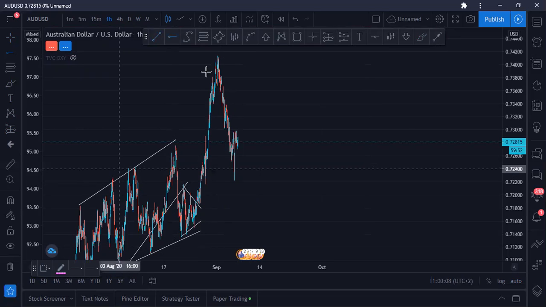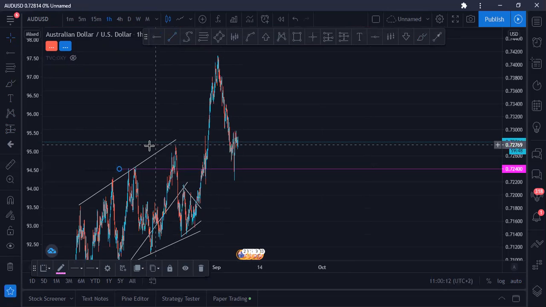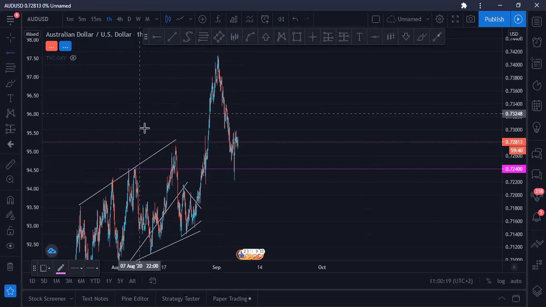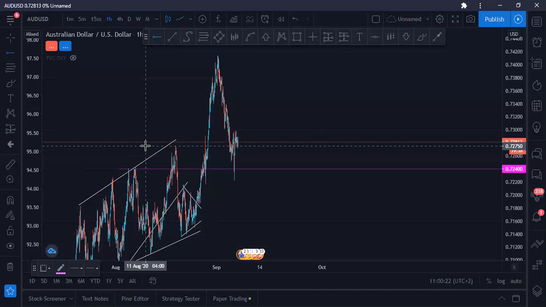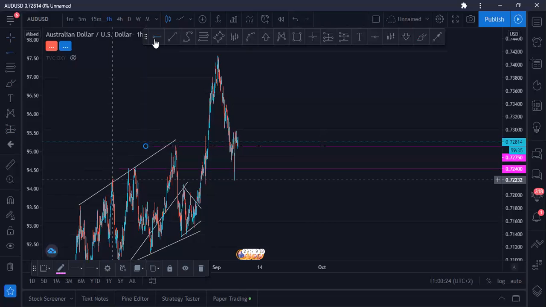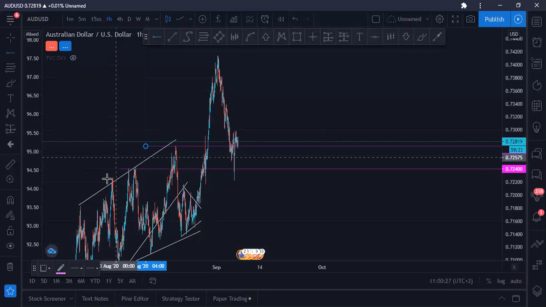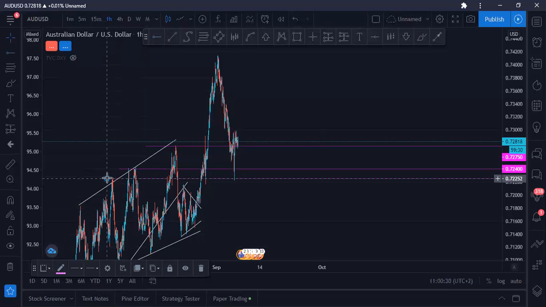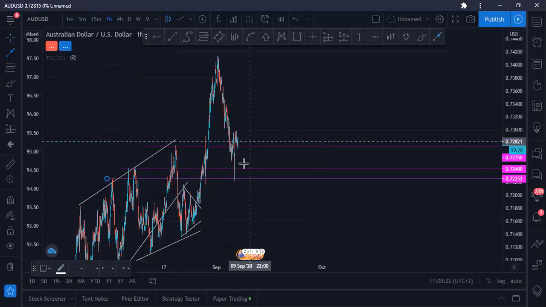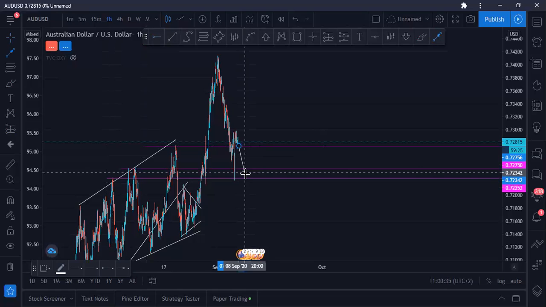As you can see, this chart is a bit choppy. These are the levels that I'm looking at right now. But I'm honestly just watching to see what happens here. What I feel could possibly happen is that we come and test these areas here and then look for a potential move to the upside.